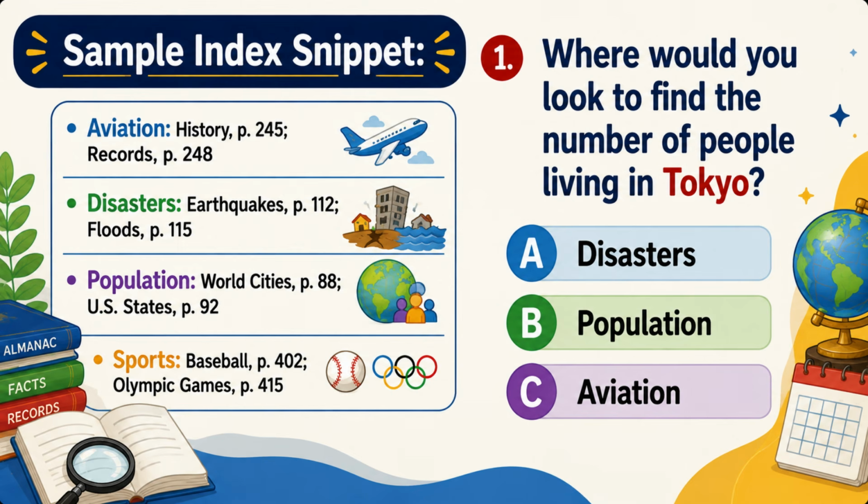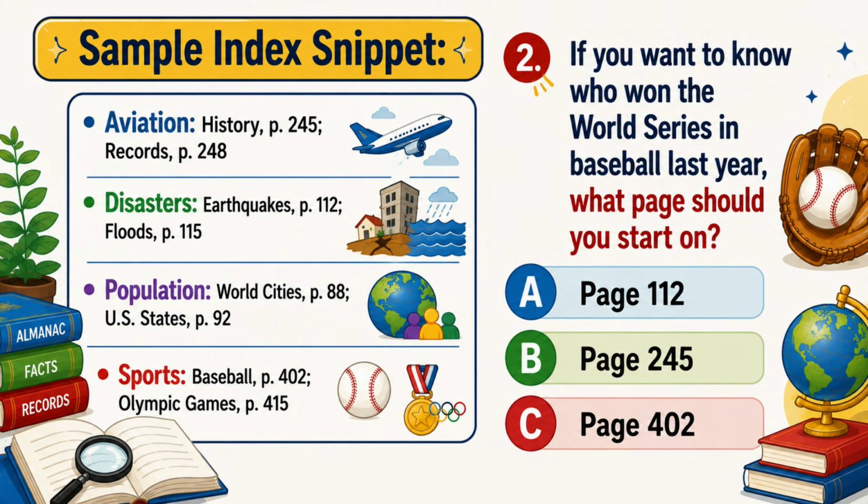Olympic Games, page 415. Number 1. Where would you look to find the number of people living in Tokyo? A. Disasters. B. Population. C. Aviation. Number 2. If you want to know who won the World Series in baseball last year, what page should you start on?